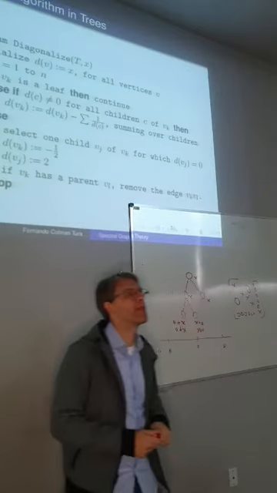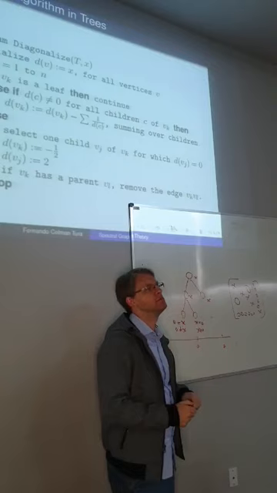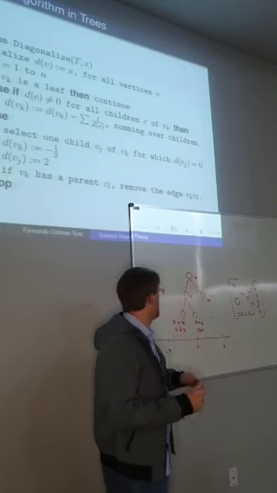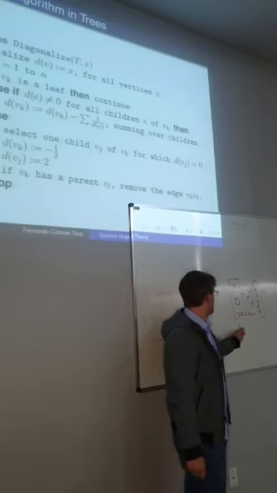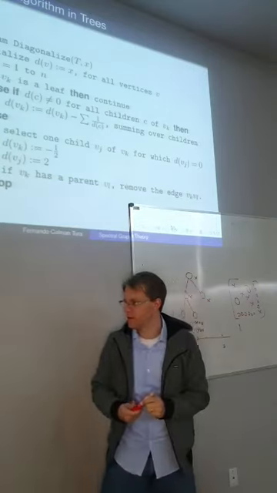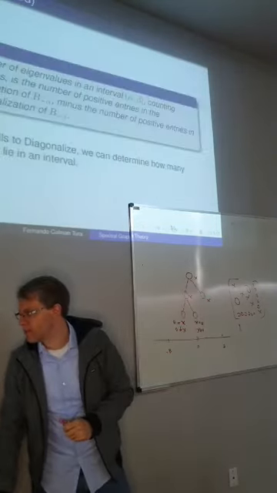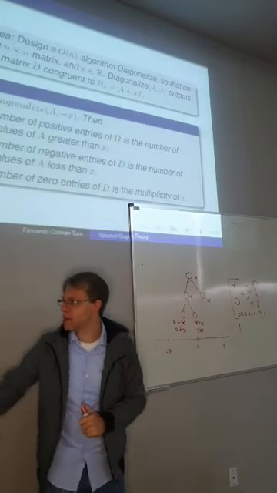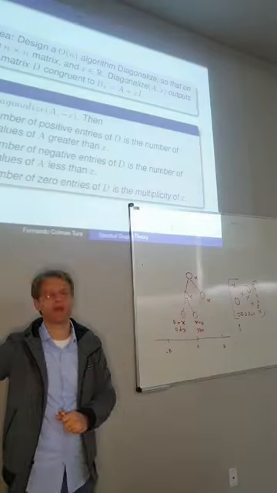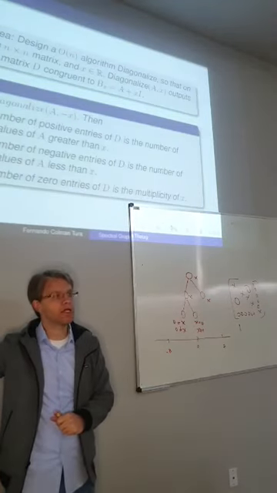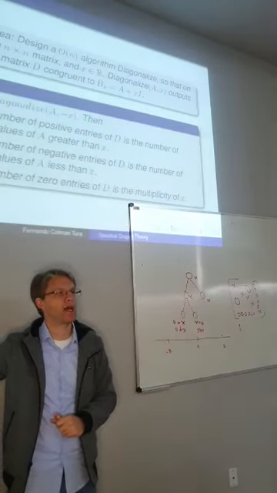Yes. What does it mean to attribute a value x to some vertex? Because in fact you are computing a diagonal matrix which is congruent to the adjacency matrix plus xI.